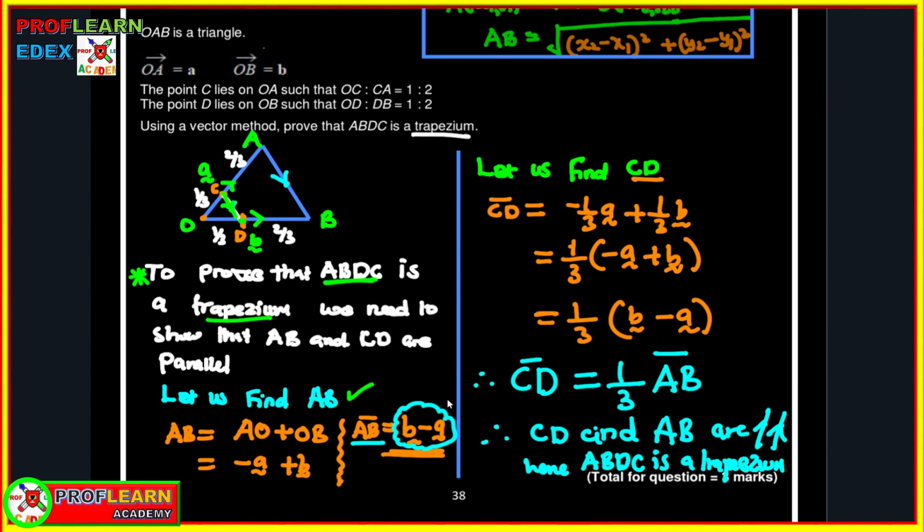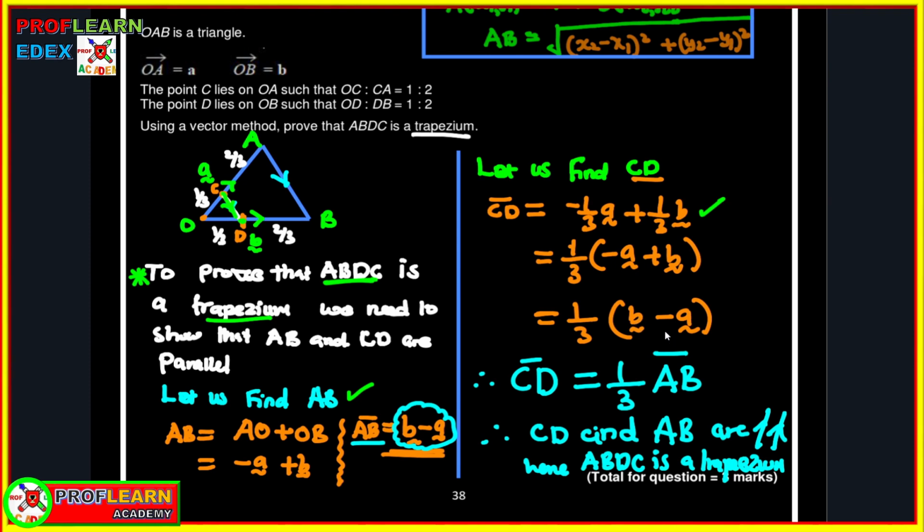And that is going to translate to B minus A. And also we need to find CD, but remember, for CD, we need to move from C to O, then from O to D. But from C to O is a third of OA, and then we have a negative sign because we are going against the original arrow, and that translates to this. And then if I factor a third out, I'm going to remain with B minus A inside the bracket.